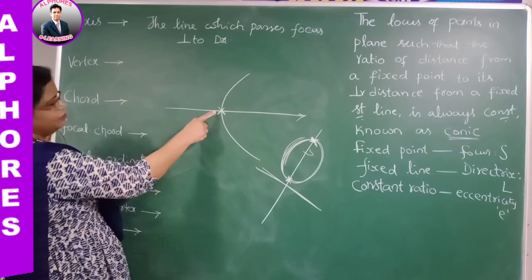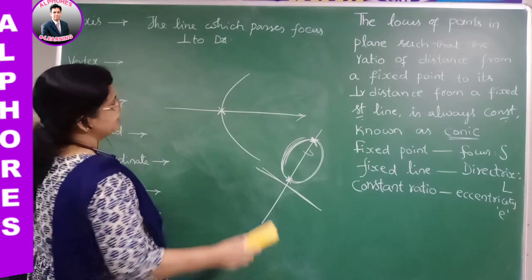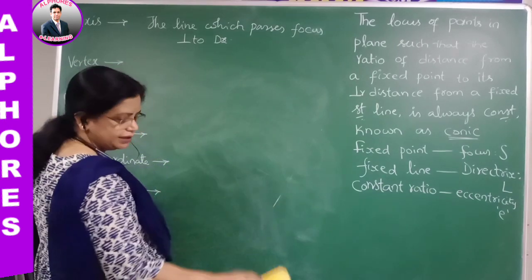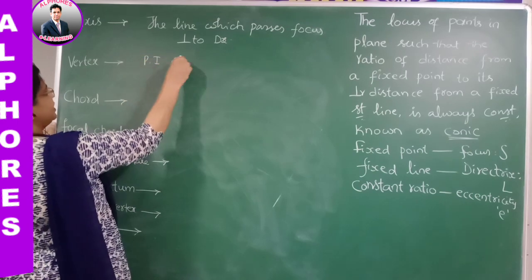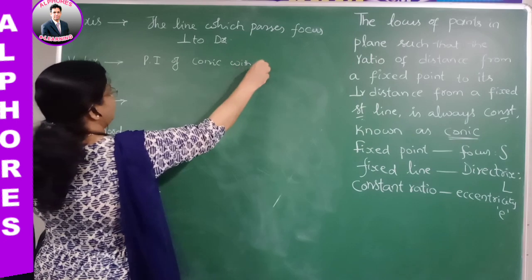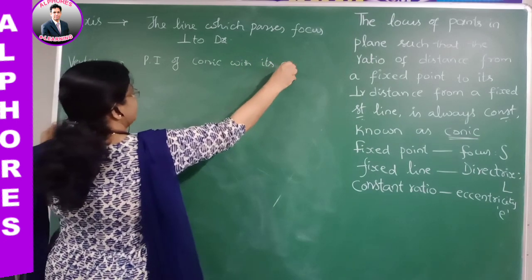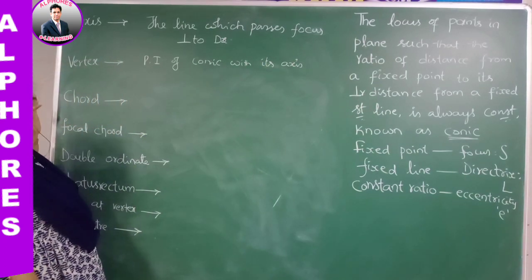So sometimes you may get only one vertex, or sometimes 2 vertices. So what is the definition of vertex? Vertex is the point of intersection of the conic with its axis. So the point of intersection of the conic with its axis is the vertex of that conic.